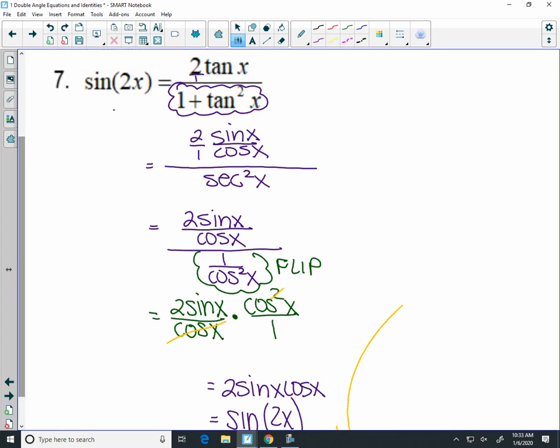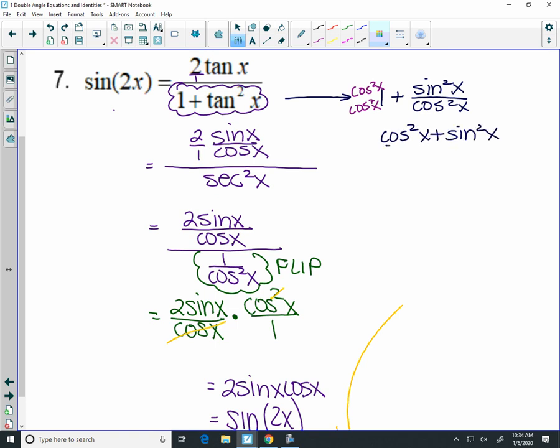So if you are working with tangent squared, this tangent squared is sine over cosine. Here's what the denominator looks like. And then you're there.